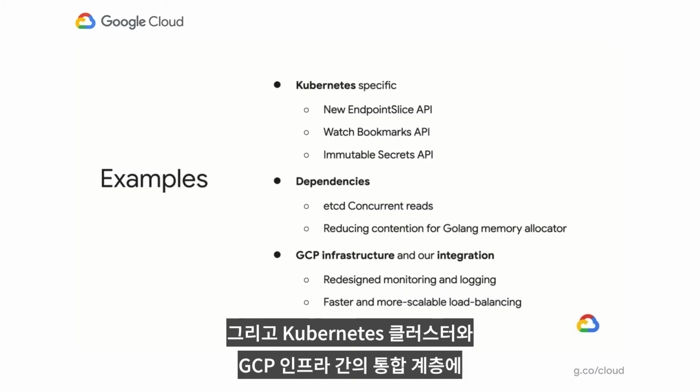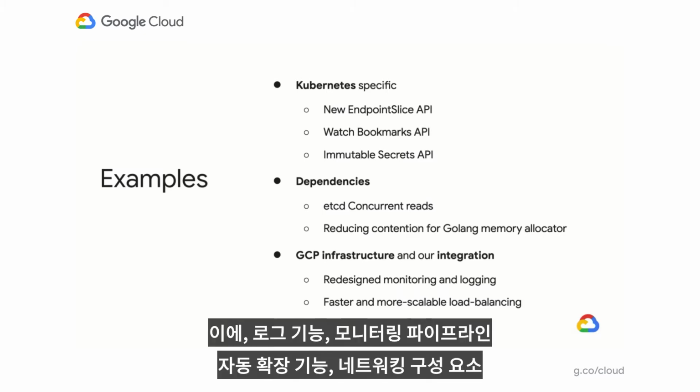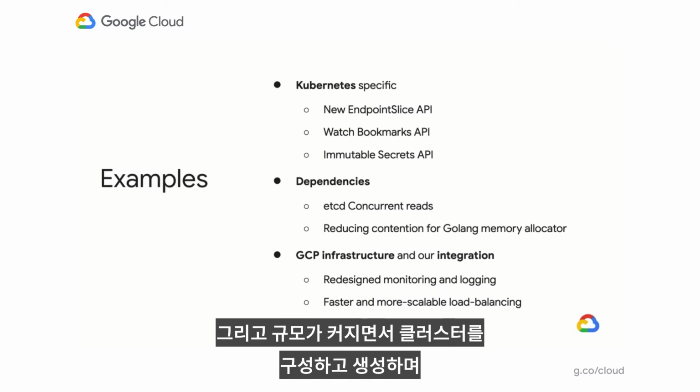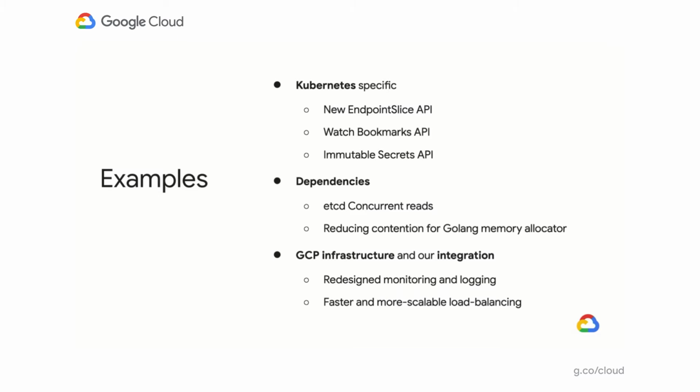And we made huge investments into the integration layers between Kubernetes clusters and GCP's infrastructure. So a lot of work went into improved logging and monitoring pipelines, auto-scaling capabilities, networking components, our control plane, its ability to configure and create clusters and manage their configuration as they grow in scale.